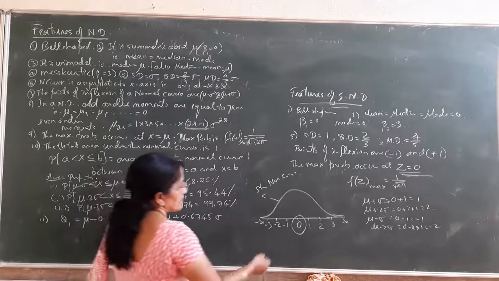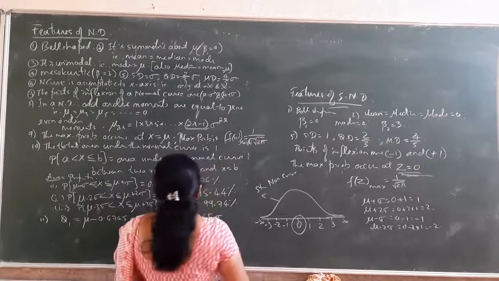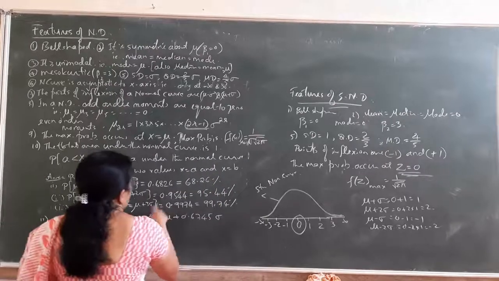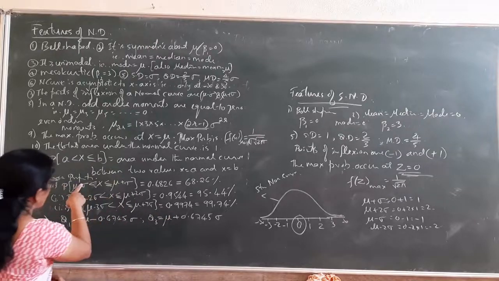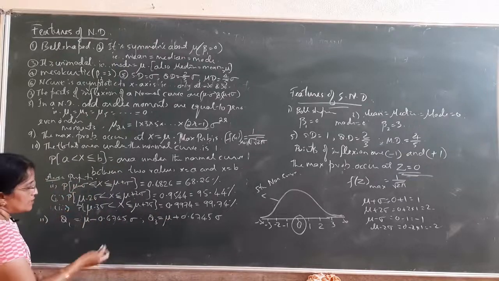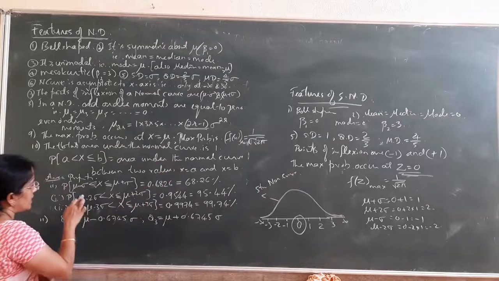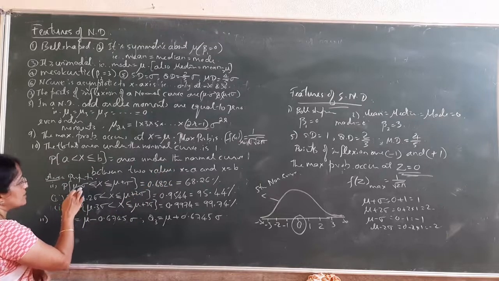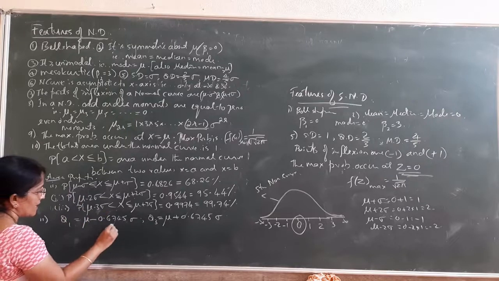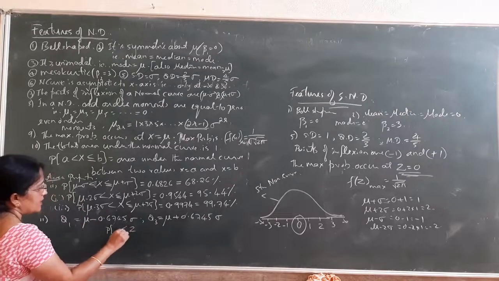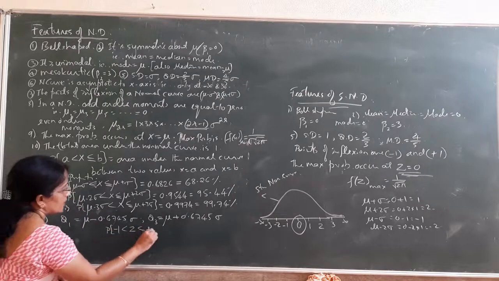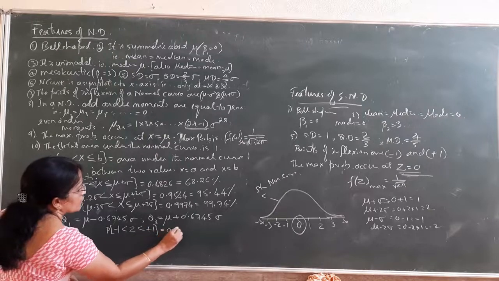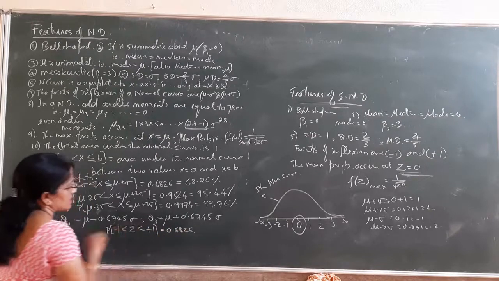So here, how do we write these area properties, these factors? In a standard normal variate distribution, the first part we can write like this: probability of z lies between minus 1 and plus 1, which is equal to 0.6826.